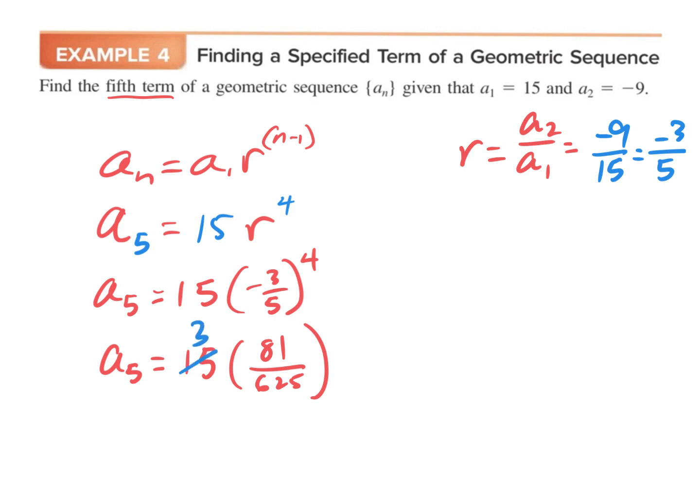So that would be a 3, and this would be a 125. Okay. So then I've simplified everything I can. 81 only has 3's in it, and this doesn't have a 3 in it, and 3's up top. So my final answer, if I multiply the top, is 243 over 125.